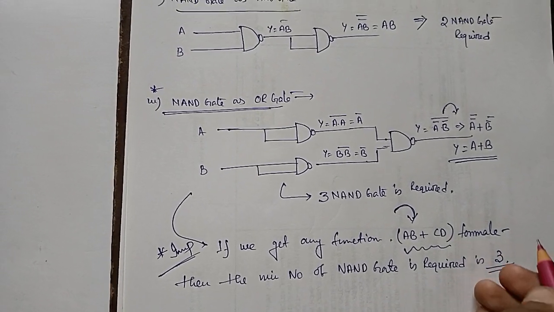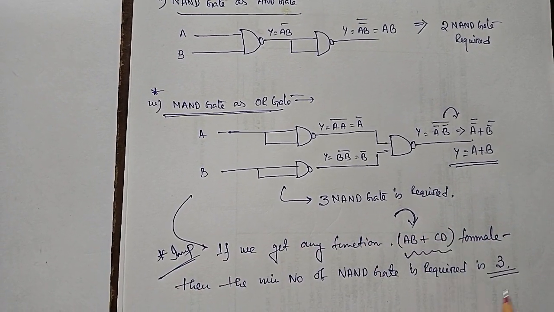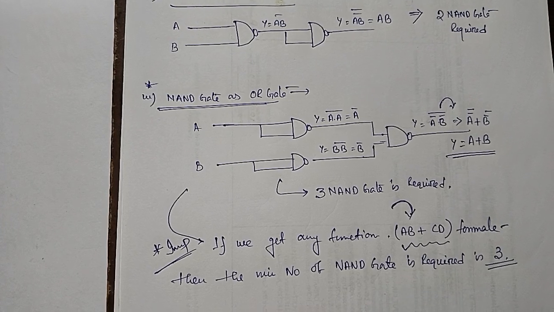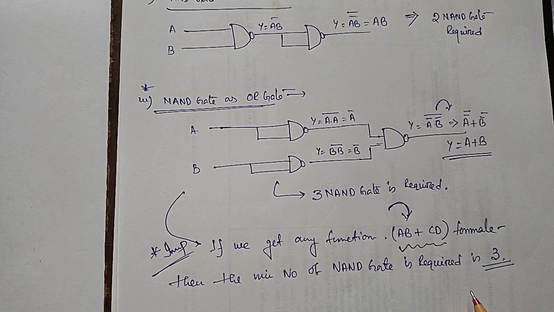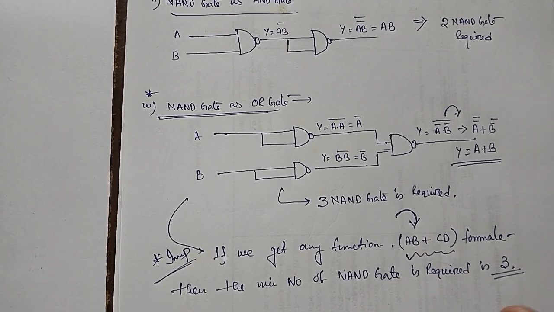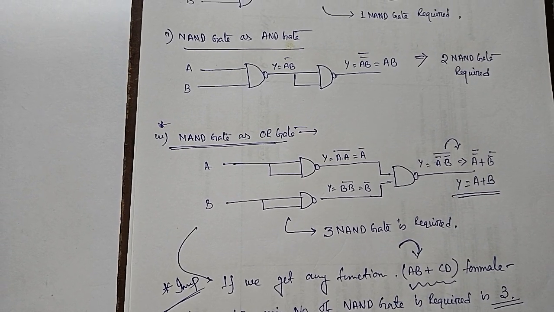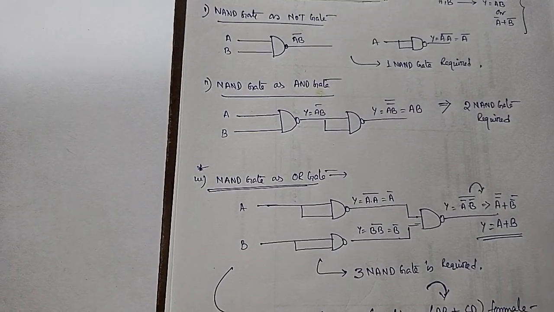So if we consider the function in AB plus CD format, the minimum number of NAND gates required is 3. This is the basic way we can implement the NAND gate as a NOT gate.